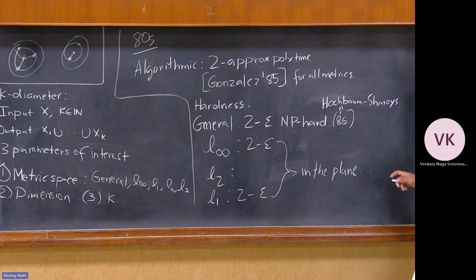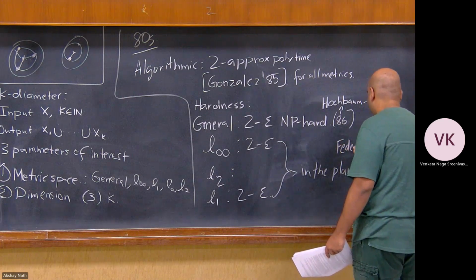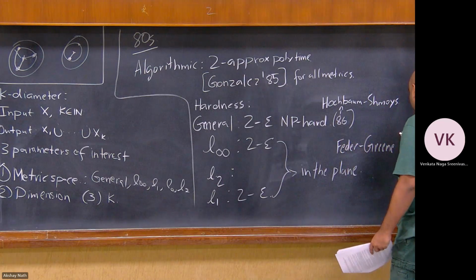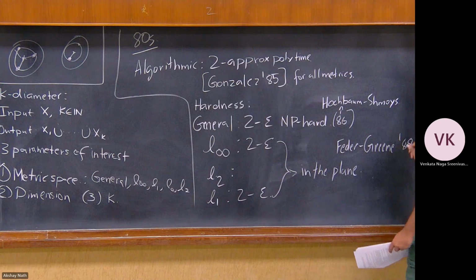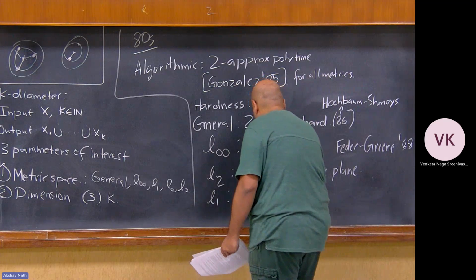So this is due to Feder and Greene. And for L2, it is 1.969.